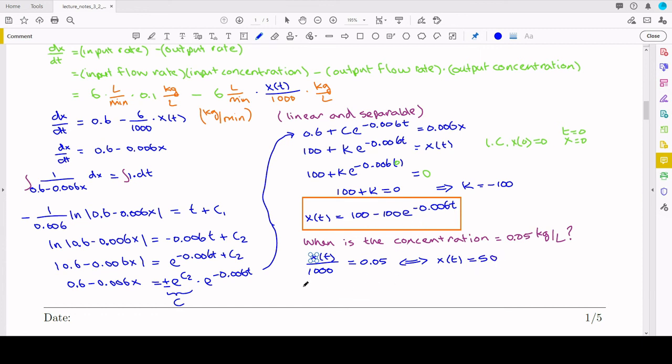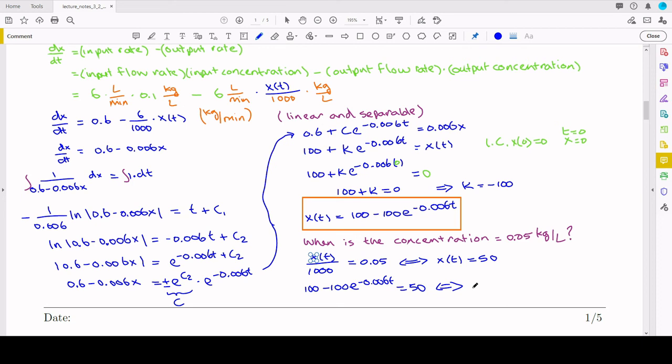So now we have our formula here. And from this point out, it's algebra. And that's 50. So we subtract 100 from both sides, and then we get negative 50. And so this is equivalent, and then we can divide by negative 100.